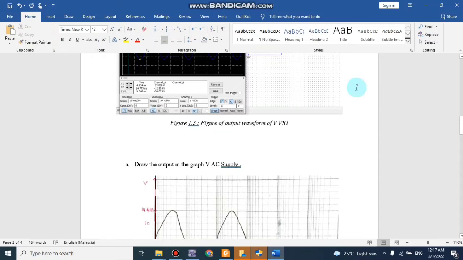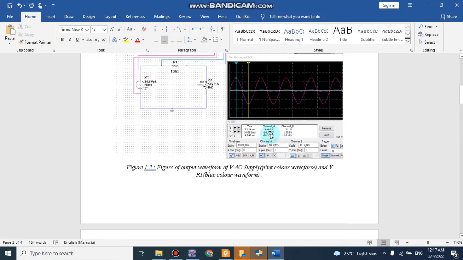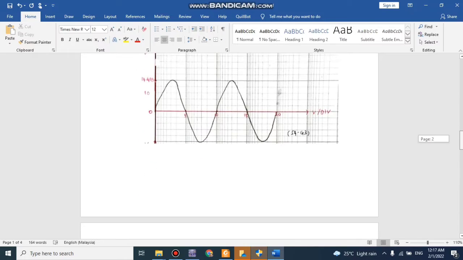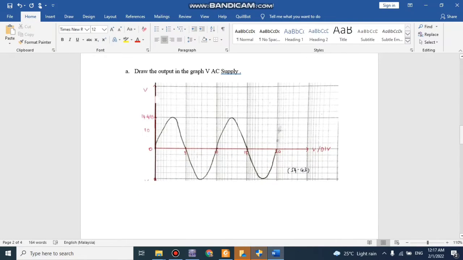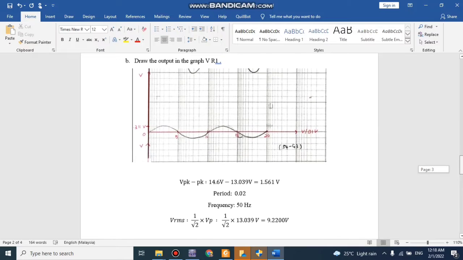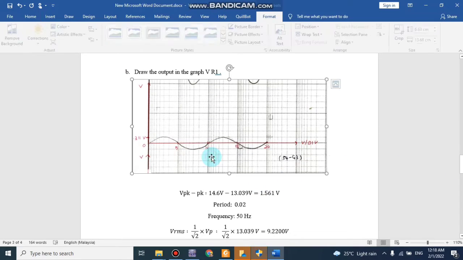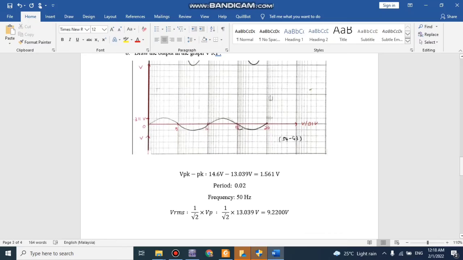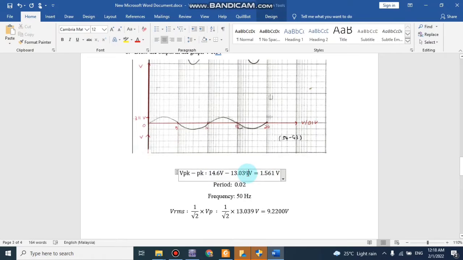Actually, the V peak is 1.311, but I made a mistake when entering it. Actually, I'm right in drawing, but wrong in entering the value. Actually, it will be 1.311.